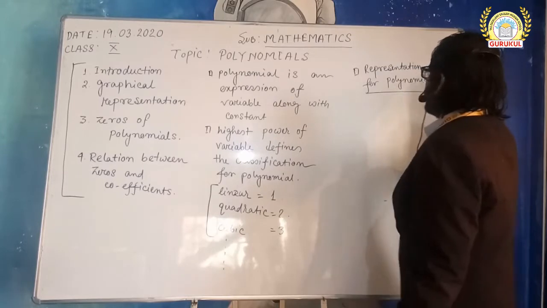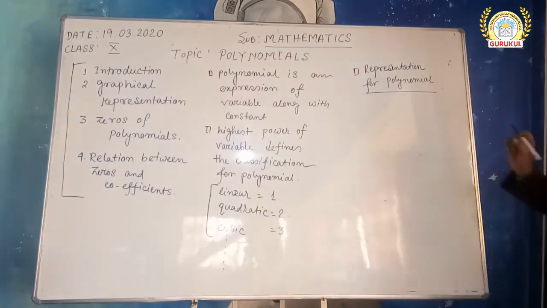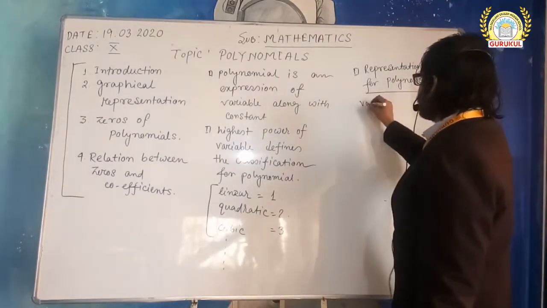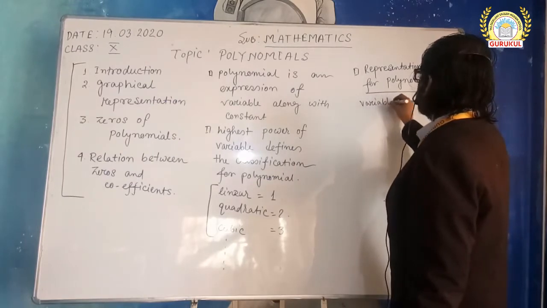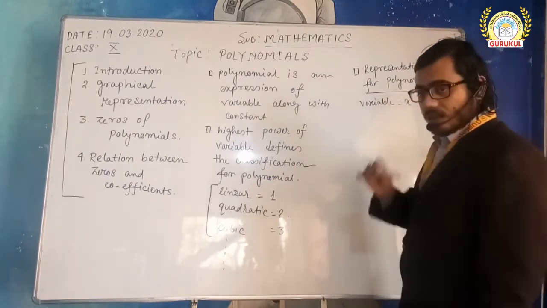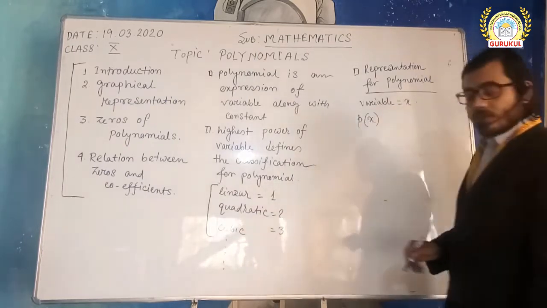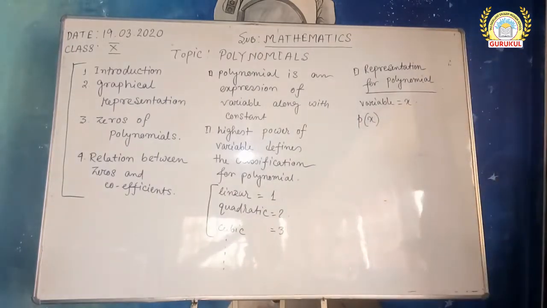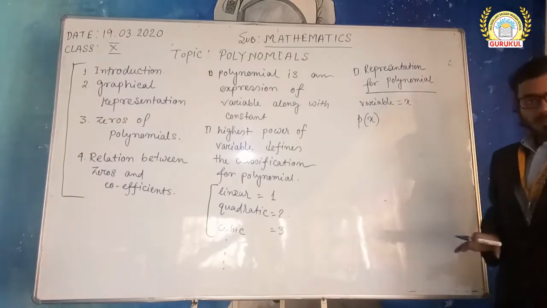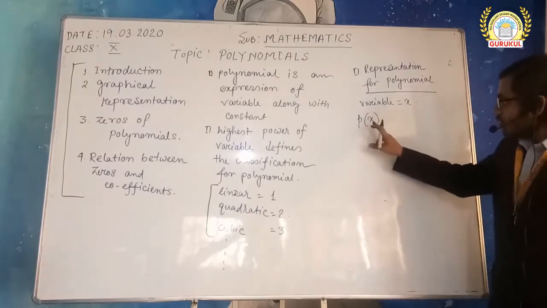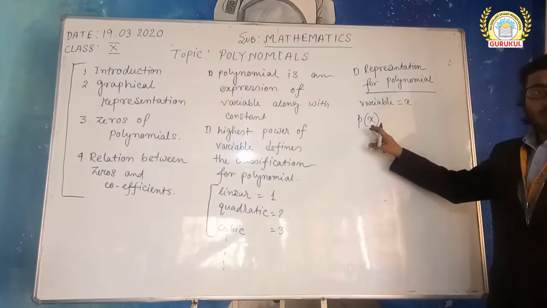This is what we need to know. If a variable is equal to x, then generally we represent it as p in first bracket x. This is the representation of an expression, that means a polynomial where the variable of that polynomial is equal to x.